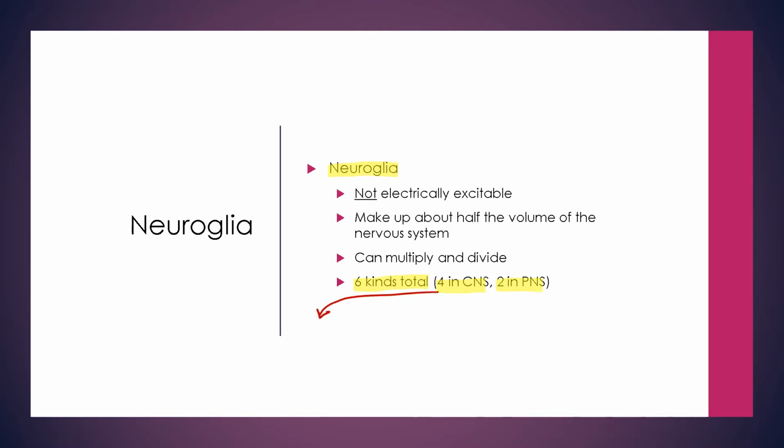So first, in the central nervous system, we have astrocytes, we have oligodendrocytes, we have microglia, and ependymal cells.